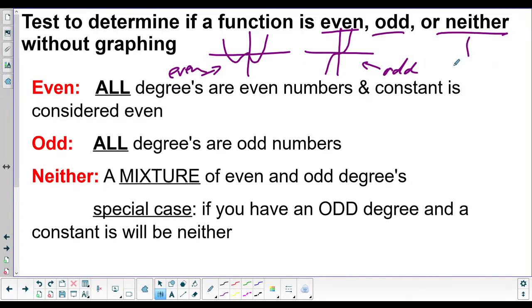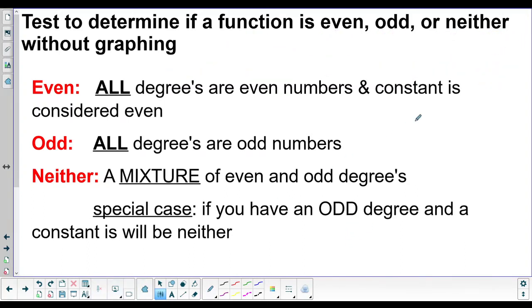And then neither is just like random graphs. Stupid, ugly ones like that. Okay. So we can tell if a graph will be even, odd, or neither just by looking at its equation. For it to be even, all degrees, meaning every single exponent, has to be an even number.